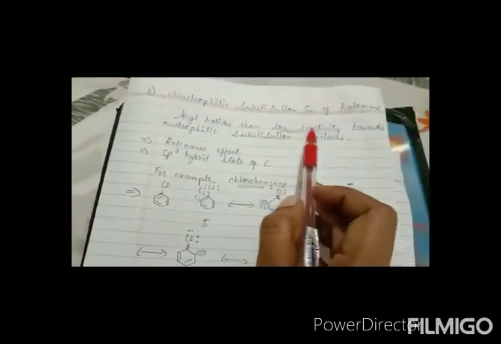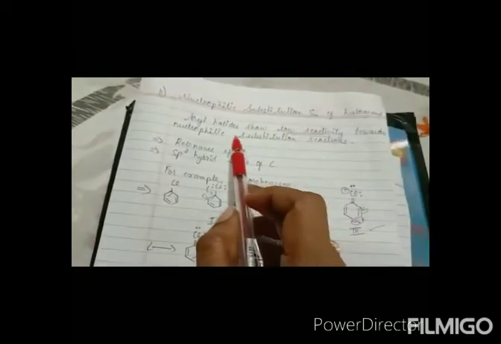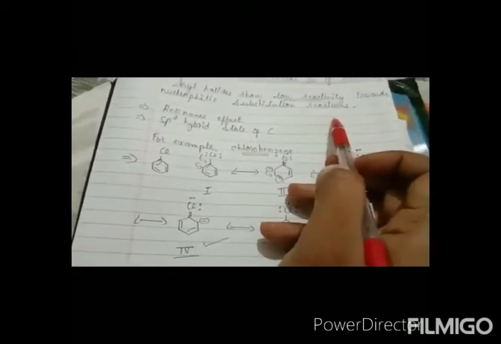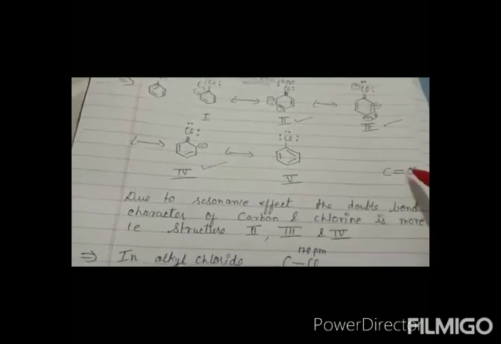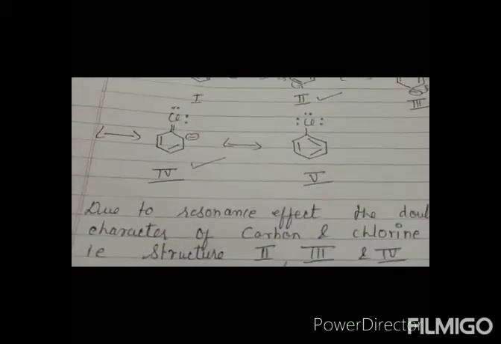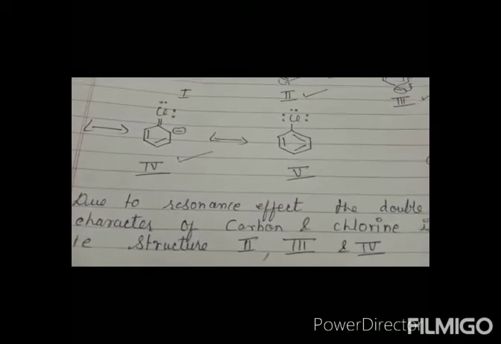Due to this, in the resonating structures where we have more number of double bonds, the low reactivity persists for the nucleophilic substitution reaction, right? Because in substitution reaction we have to substitute it. So when the double bond character is more, it becomes difficult for the nucleophilic substitution reaction to take place. Whereas in alkyl halide group we have seen that it takes place very easily.